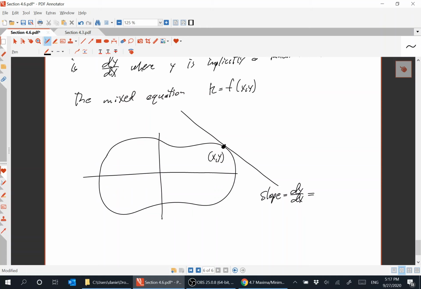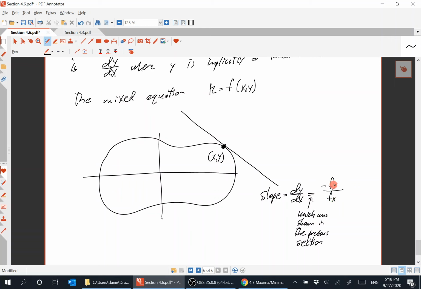Which is equal to, as shown in the previous section, negative the partial derivative of f with respect to x over, so this is the rise, no, y.